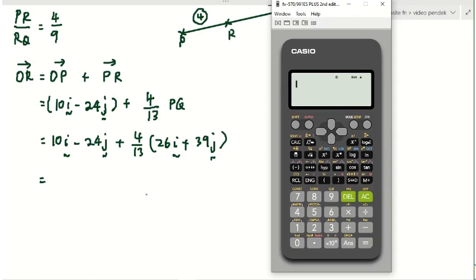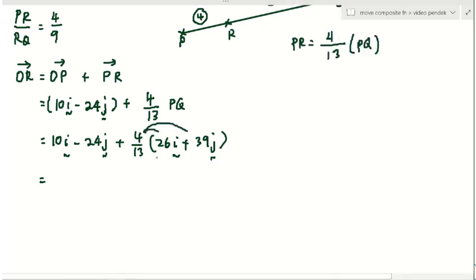For part I, 10 plus 4/13 multiplied by 26 is equal to 18. This is part I: 10I plus the multiplication of 4/13 multiplied by 26I.